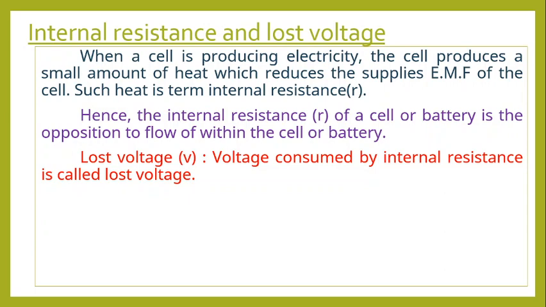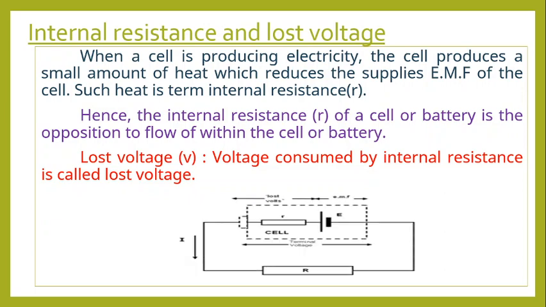Rather, the cell is designed to convert chemical energy to electrical energy. So if it is converting electrical energy to heat energy, automatically it's a waste. That is why we refer to it as lost voltage. So the voltage consumed by internal resistance is what we refer to as internal lost voltage.